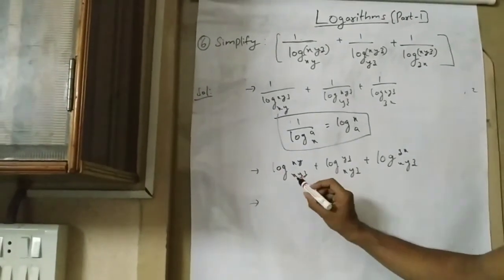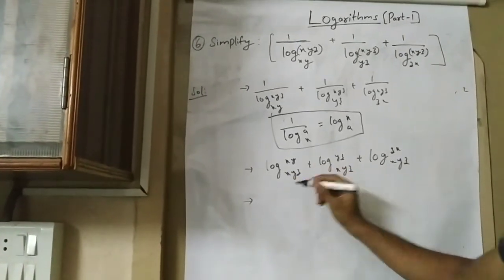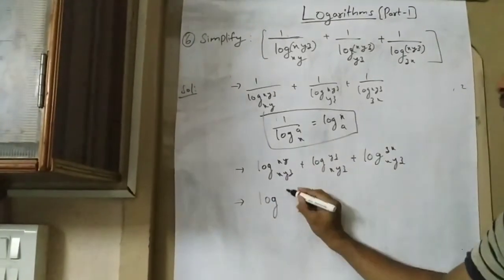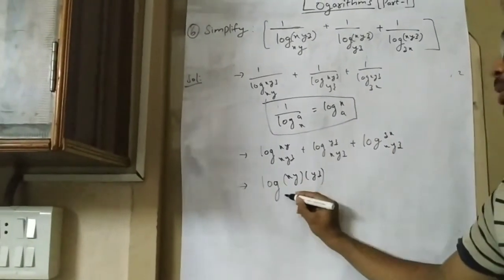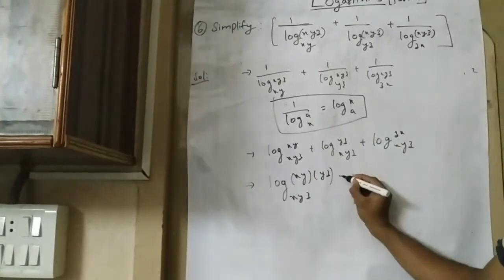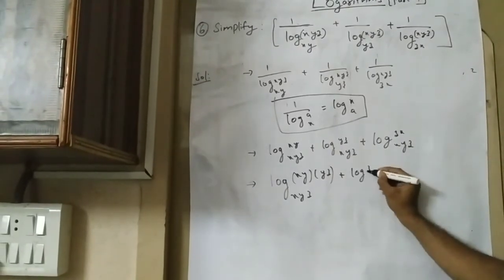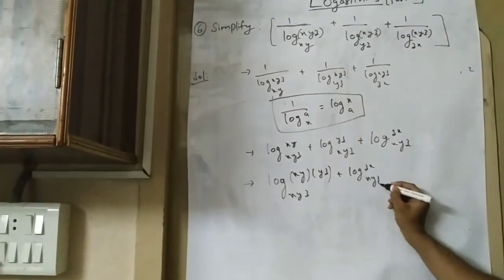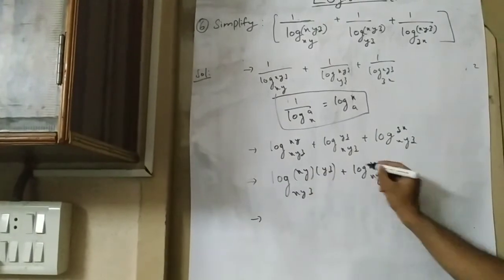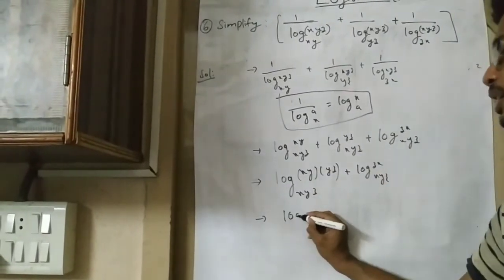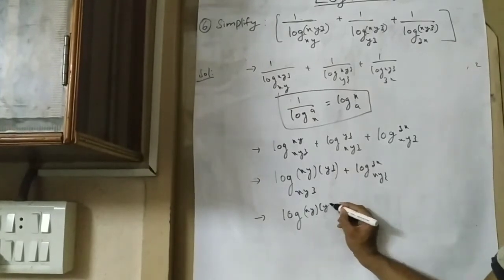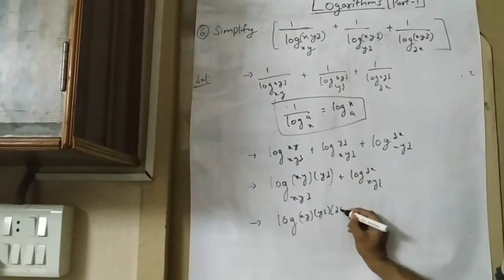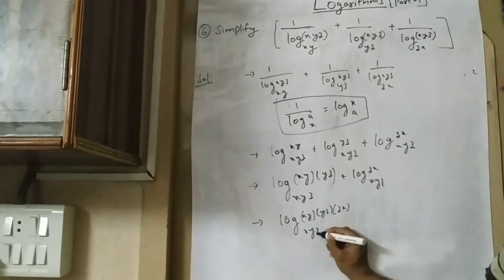And we know the formula log a plus log b is log ab. So log of xy into yz into zx by xyz.